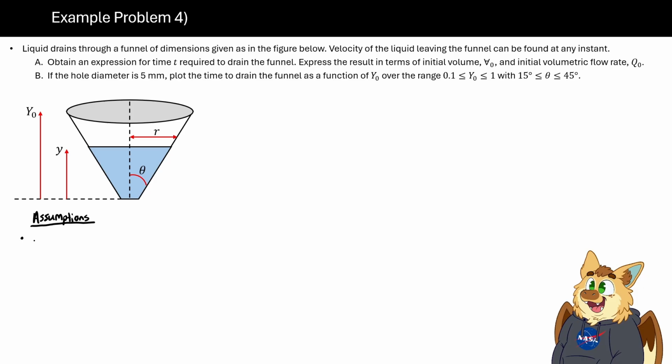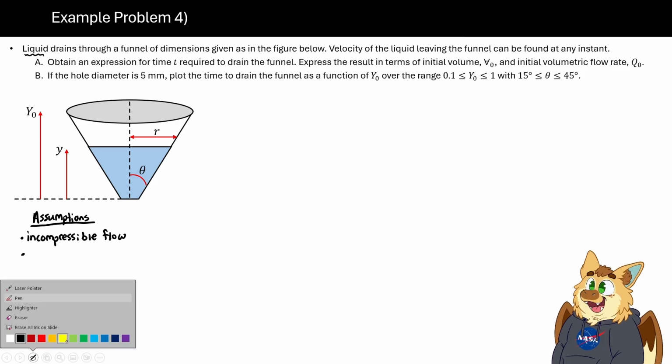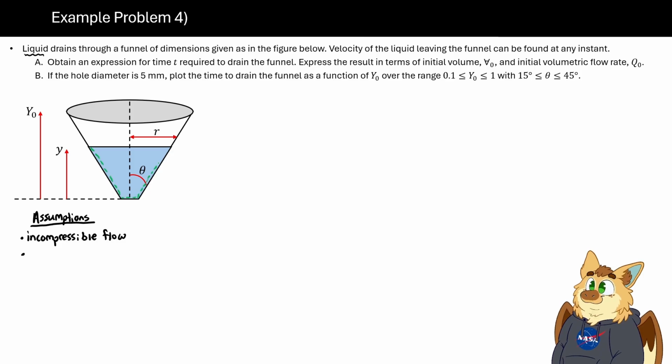Okay, so assumption number one, we have a liquid here. So we can immediately assume incompressible flow. Next, say our control volume is this region right here, bounding our liquid and the surfaces of the funnel and the bottom orifice, that will be our control volume.